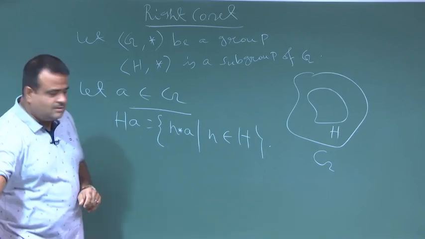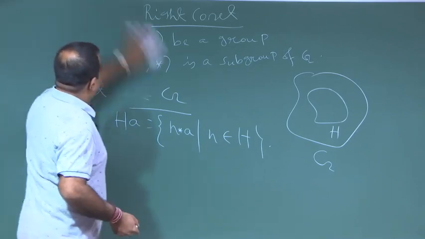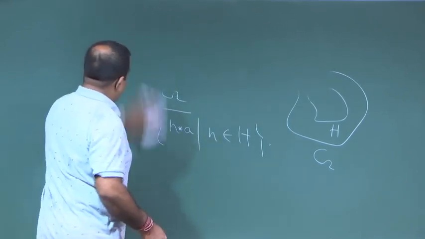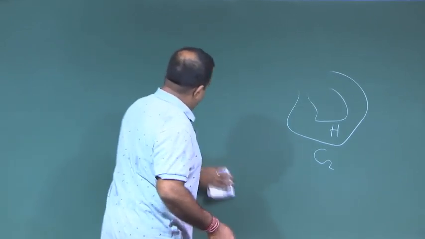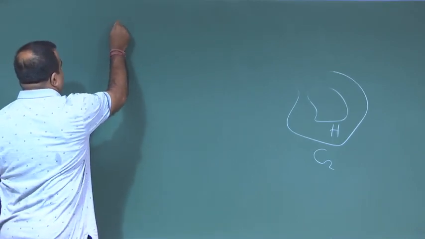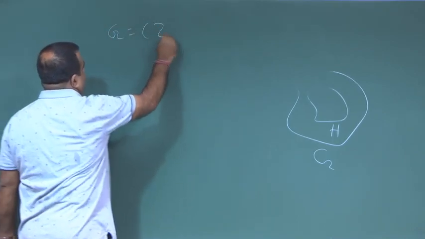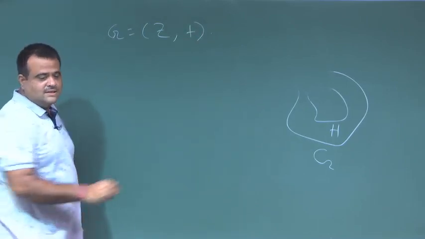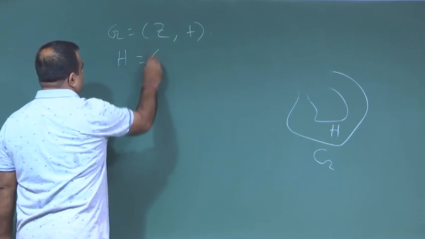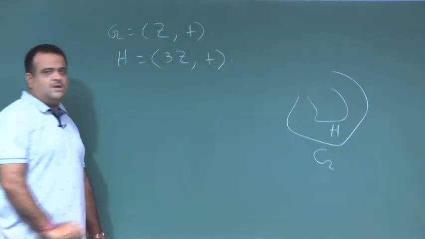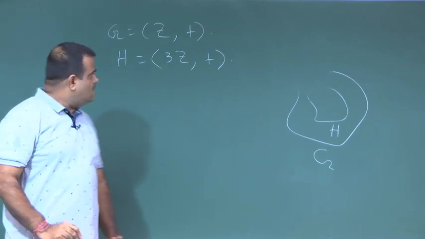So, for example, if we have a group like Z, say G is equal to Z under plus, and say H is equal to 3Z, the set of all integers which are multiples of 3.